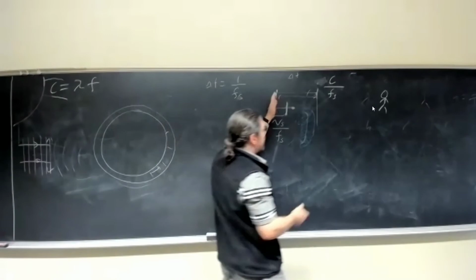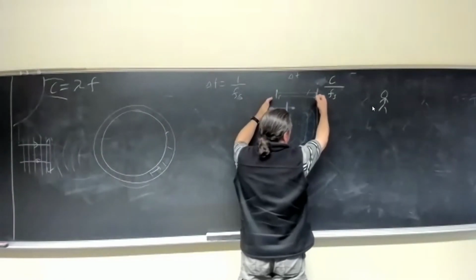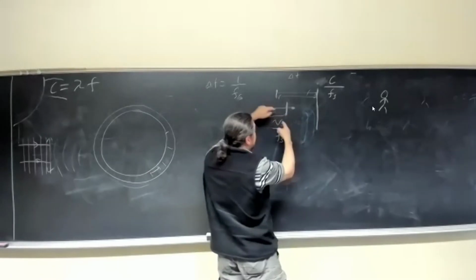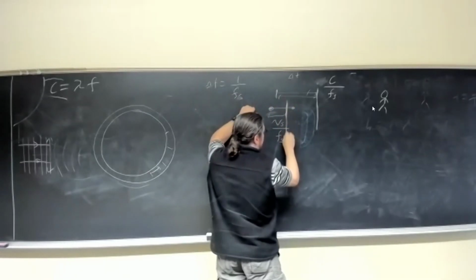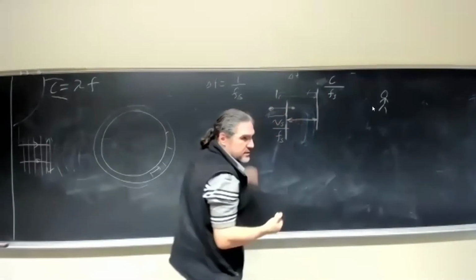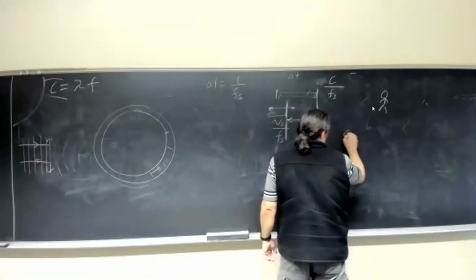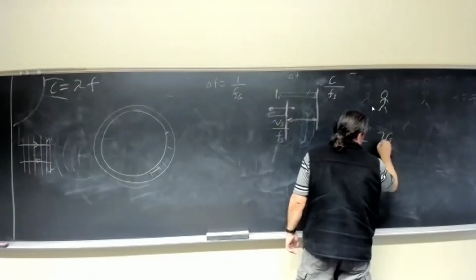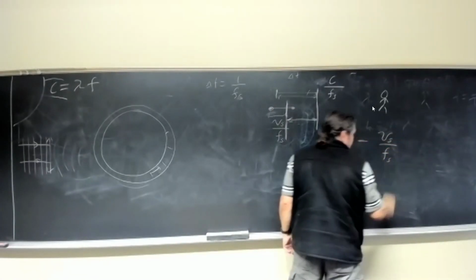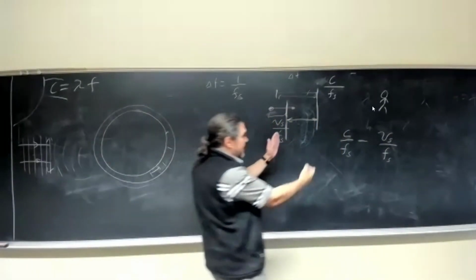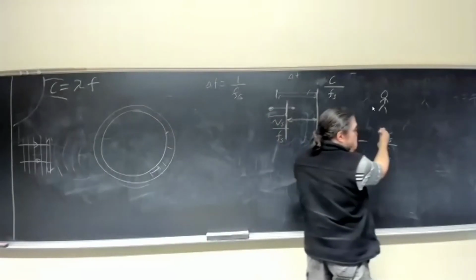So my previous wavefront is here, and my wavefront after time delta t is over here. So the distance between the wavefronts is c divided by fs minus vs divided by fs. And now those two wavefronts are propagating towards me.